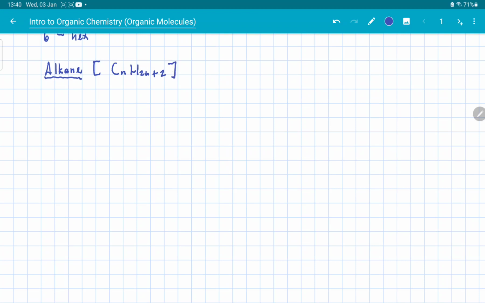And the alkanes have single bonds between carbon atoms, so that's what we expect. If I give you a molecule, you should be able to recognize it based on the number of carbons present in the molecule.